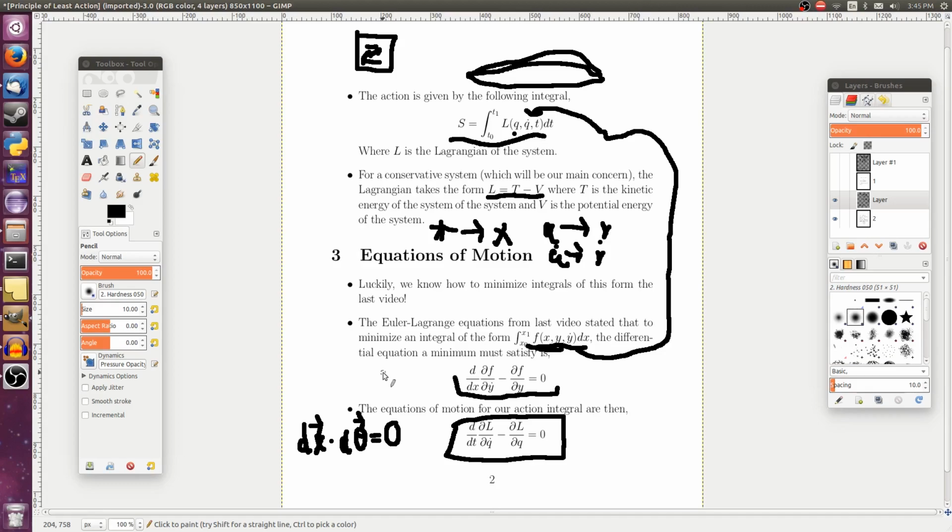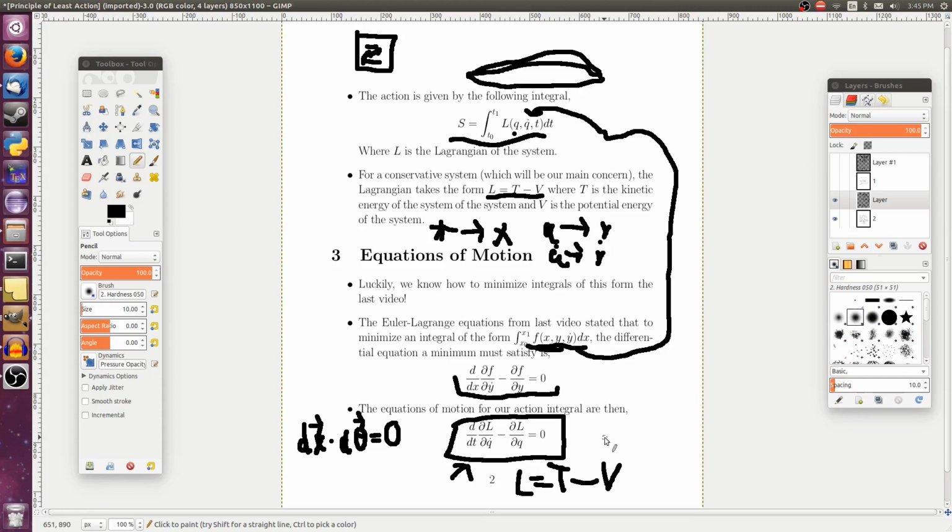Now, in this video so far, it seems like this equation right here looks just horrible. And the first time I saw it, I thought that too. I was like, yeah, that looks disgusting. But I promise it's not. And the main reason for that is that our Lagrangian is going to be T minus V, which is just the energy of the system.